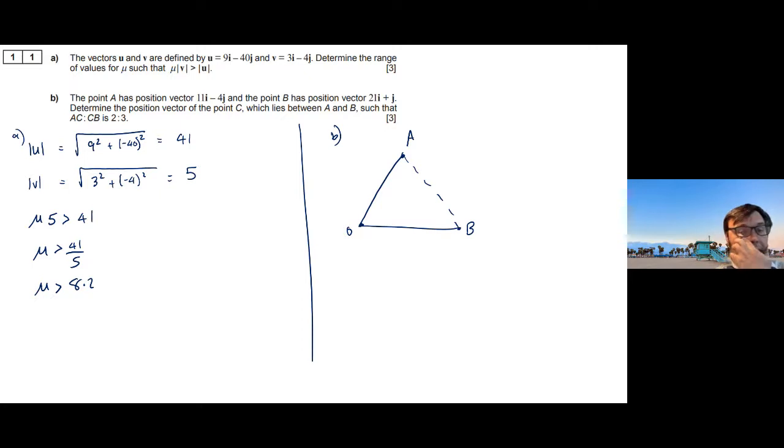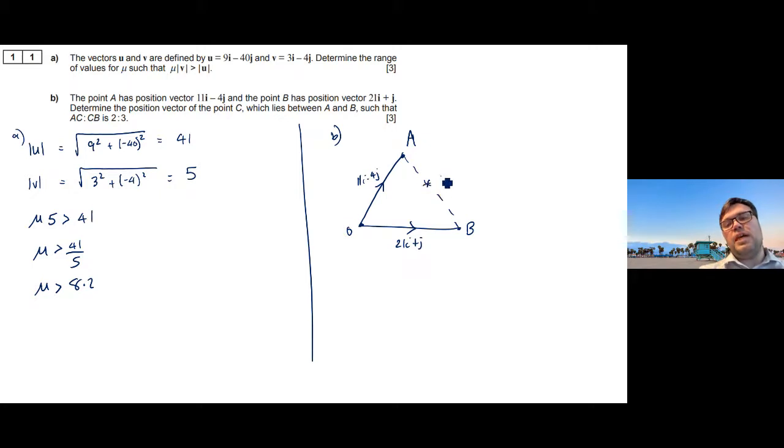So I know that the point A has position vector, so that just means from O to A, is 11i minus 4j. So 11i minus 4j. And point B has position vector 21i plus j. So 21i plus j. Determine the position of C, which lies between A and B.